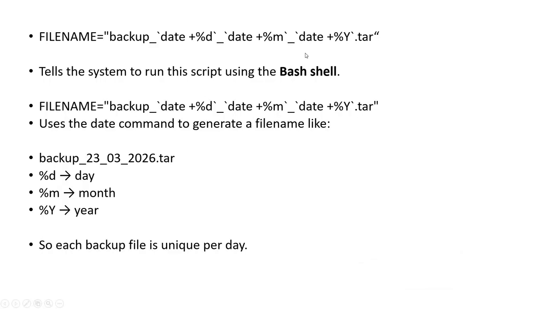First line creates that string of day, current day. Tell the system to run the script using the bash shell, and uses the date command to generate the file name like this. You see today's date, day, month, year is coming from here.